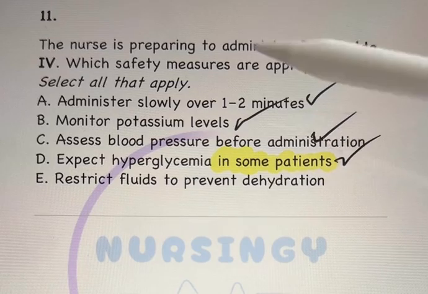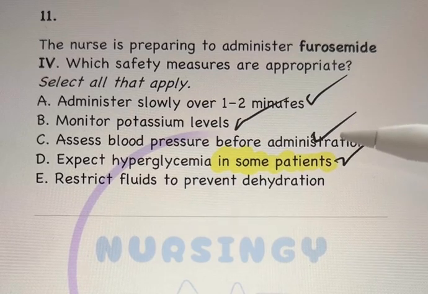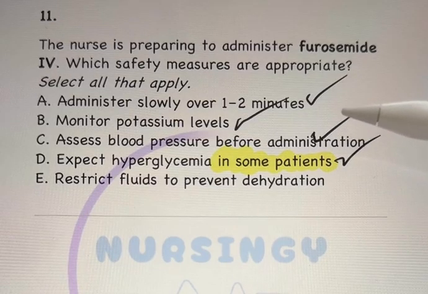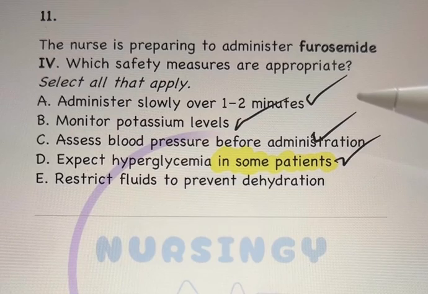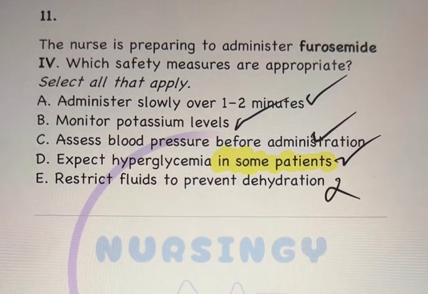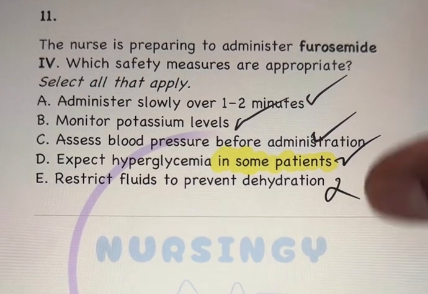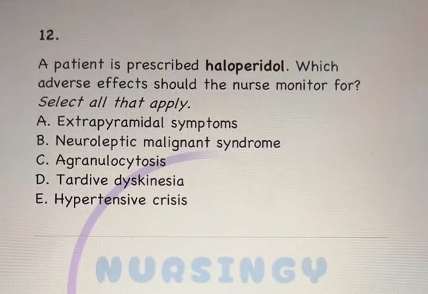What can happen if we restrict fluid? Dehydration, yes. Electrolyte imbalance, definitely. Definitely hypovolemia too. Okay, let's move to question number 12.